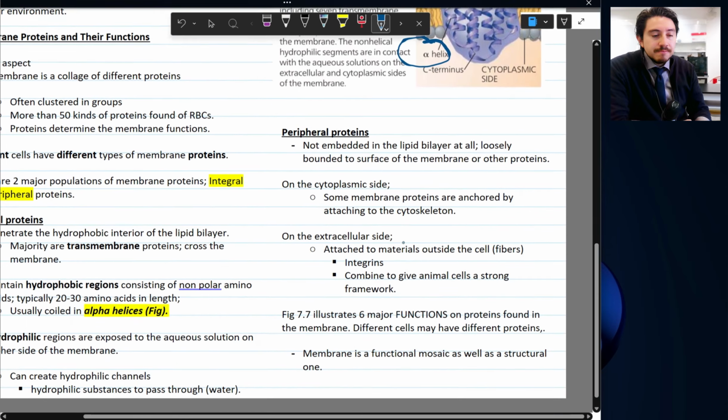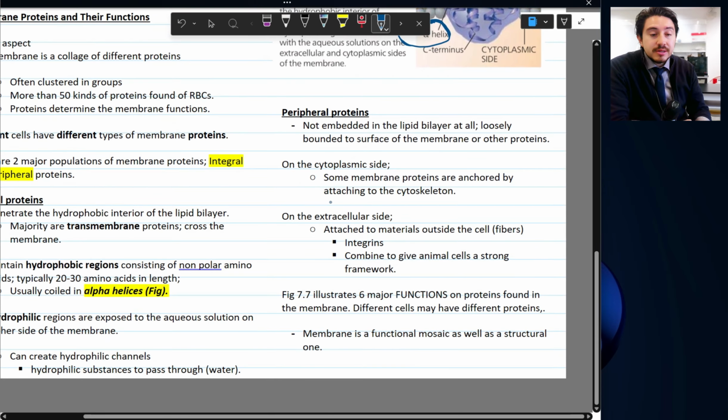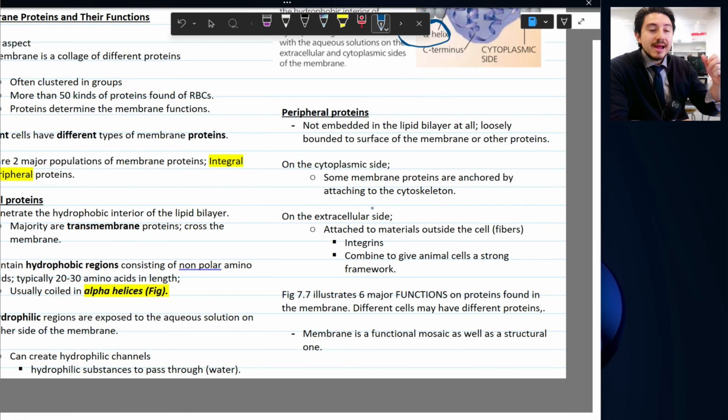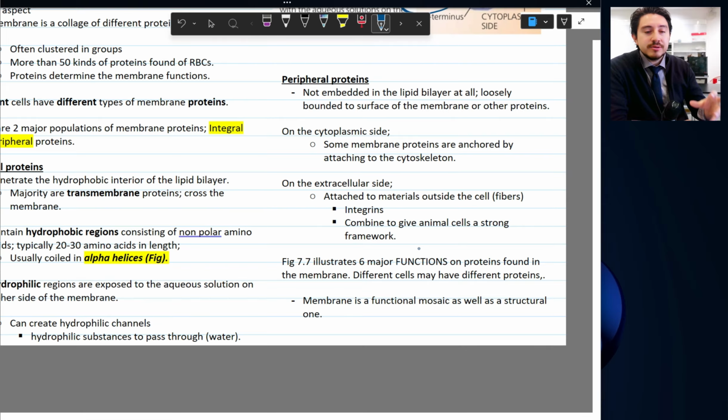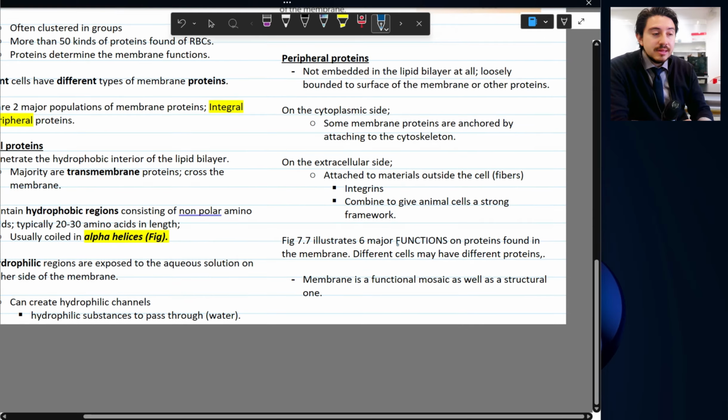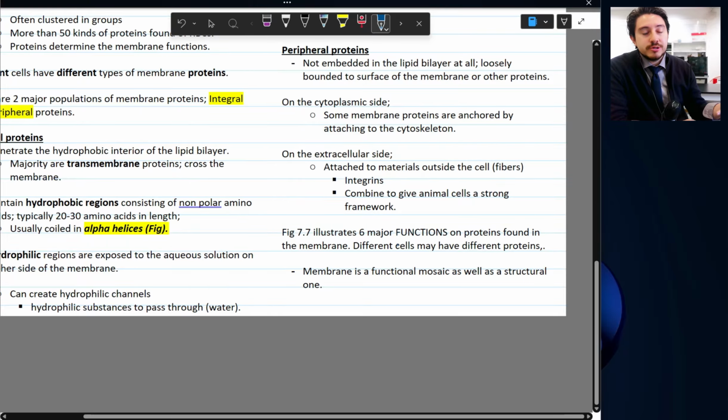Okay, so on the cytoplasmic side, you could have them, as I mentioned already, you can have proteins that are anchored by attaching to the cytoskeleton, and then you can have others that are on the extracellular side, right? They're attached to materials outside of the cell. They have fibers, integrins, and they can work along with these structures to give strong framework for the cell.